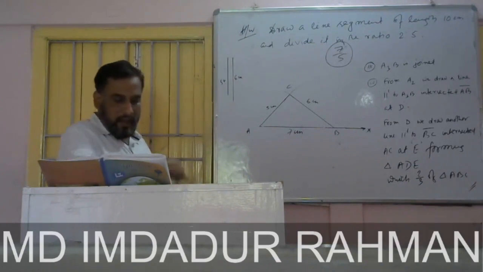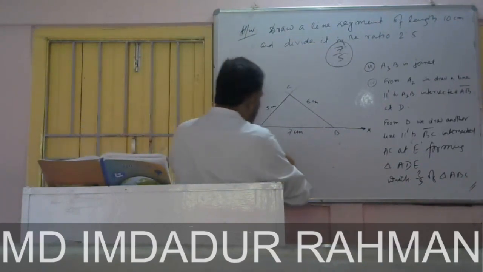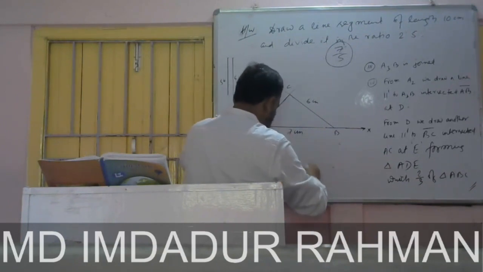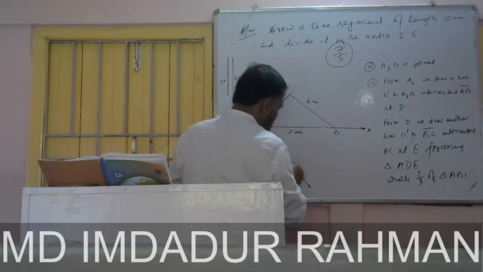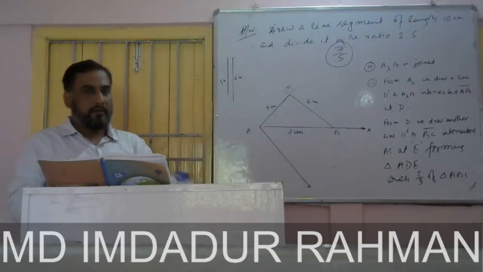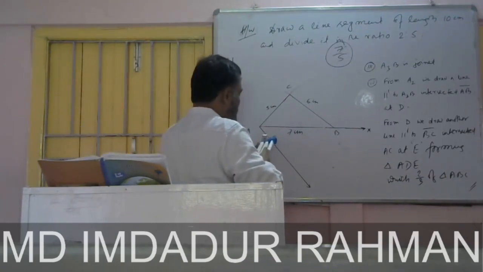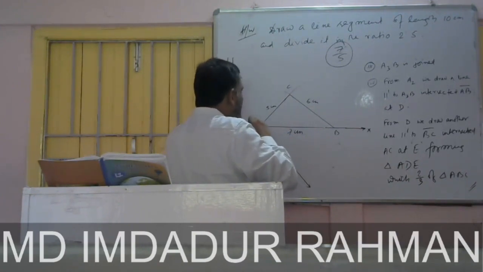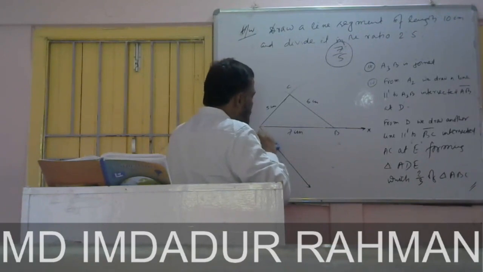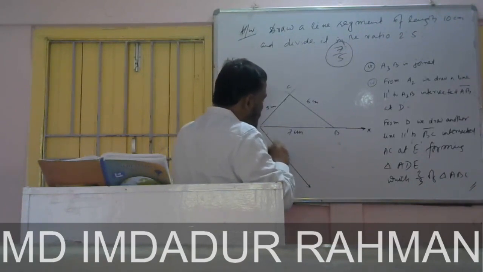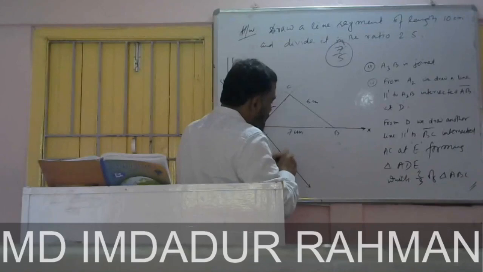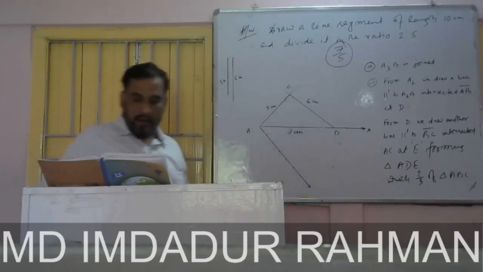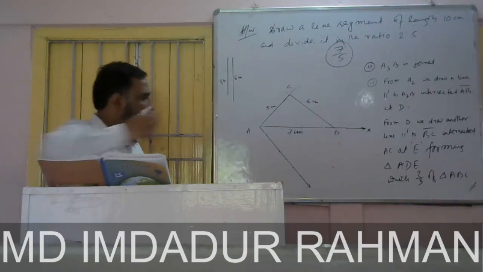Okay, now we will draw a ray AX as earlier, and with the help of compass we mark 7 points. That is, we will divide it into 7 equal parts. You see, I have given 7 equal parts.